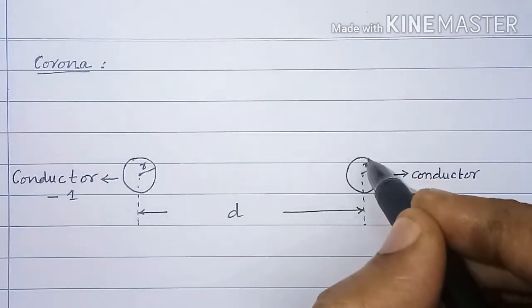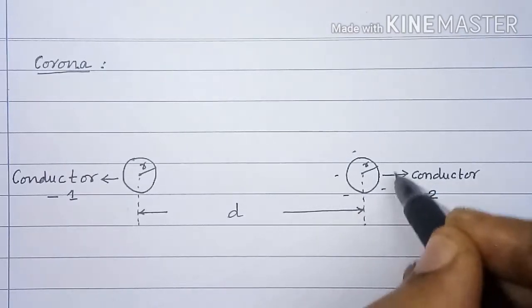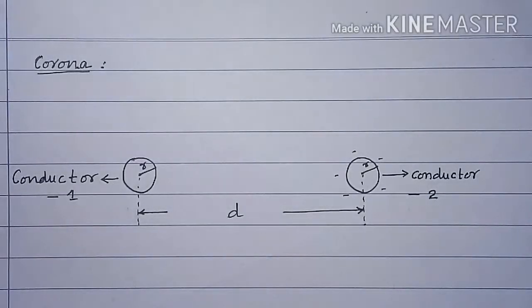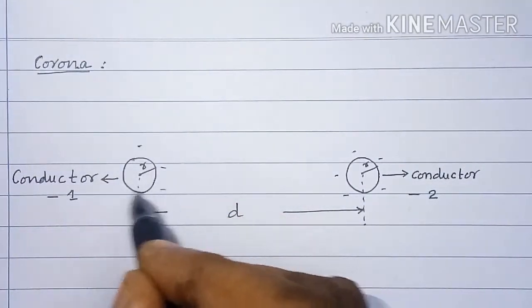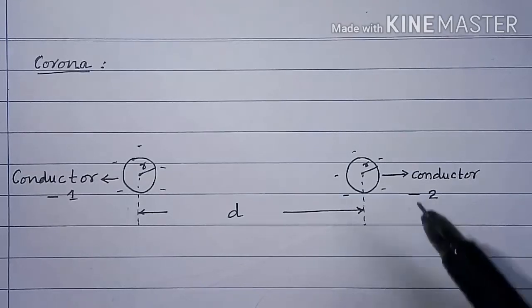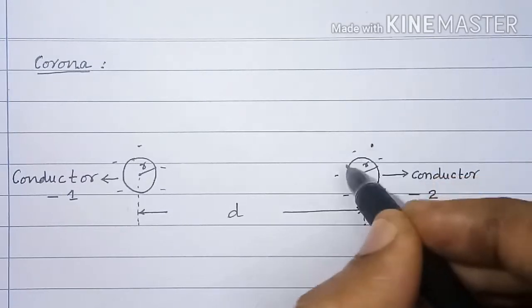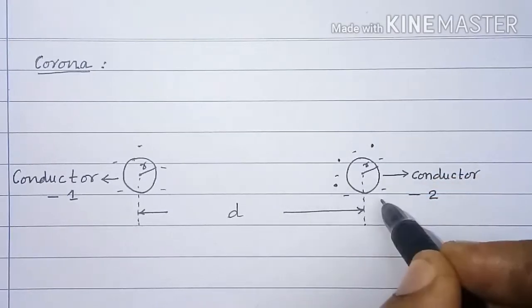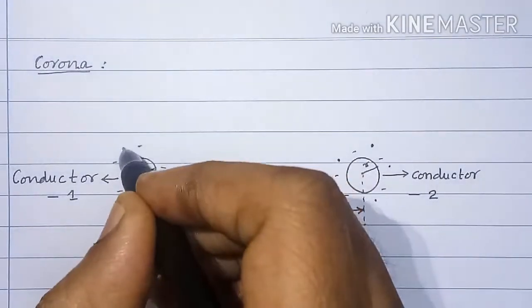Now let us say around these conductors some free electrons because of radio and cosmic rays are present. Along with these electrons, there will be some air molecules which are neutral.